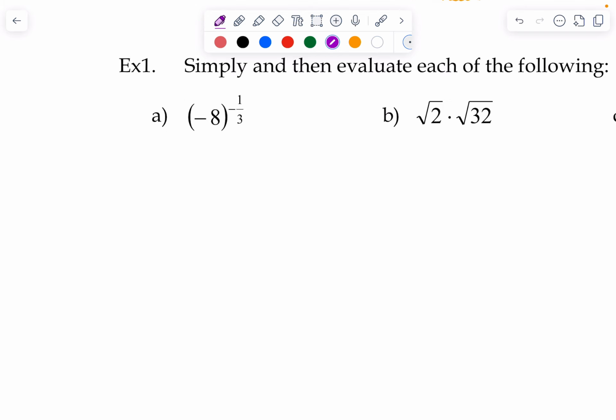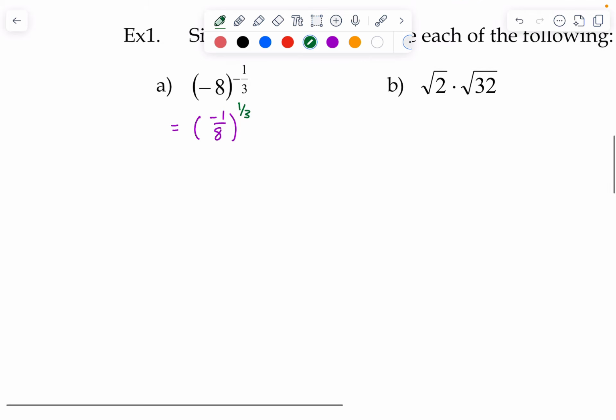Well, to get rid of that negative exponent, that says reciprocate the inside of the bracket. So the reciprocal of -8 becomes -1 over 8. And that allows us to get rid of that negative exponent. So we have now 1/3 up top.